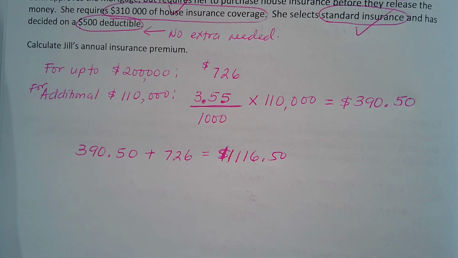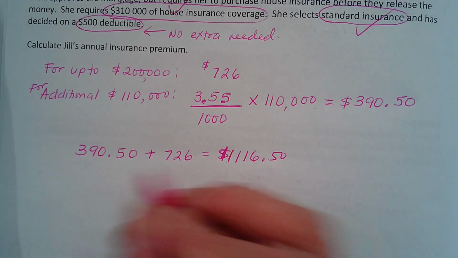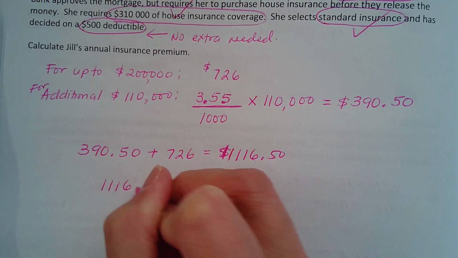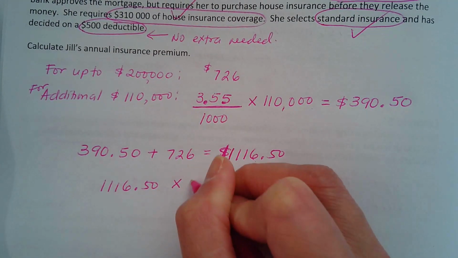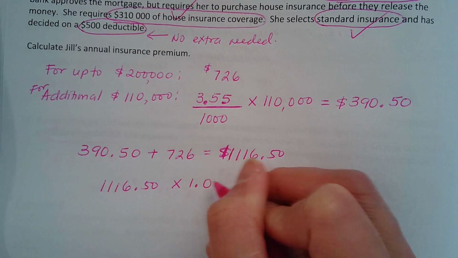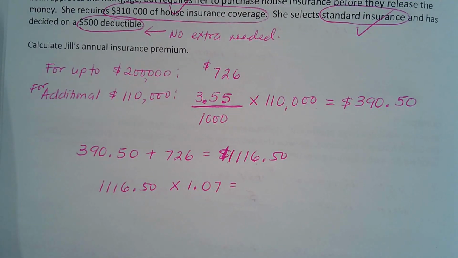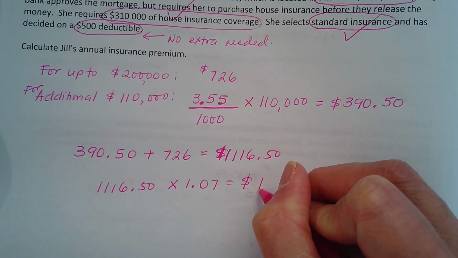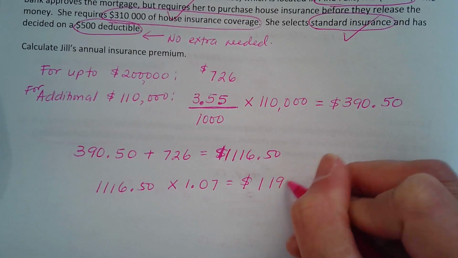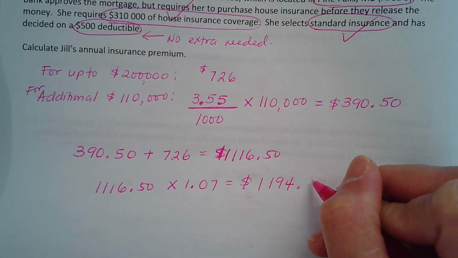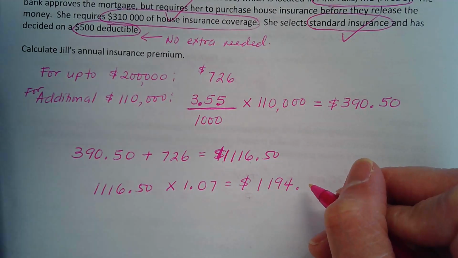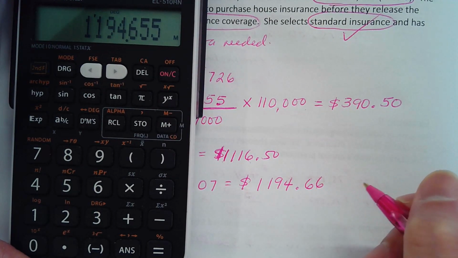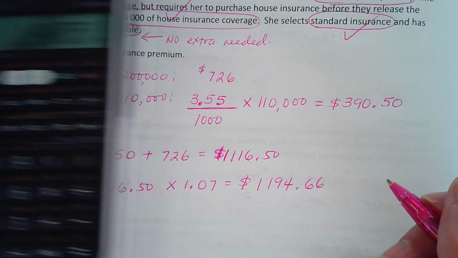So the next thing that we gotta do is that 7% tax. So $1,116.50 times 1.07. So the total amount is $1,194, and I gotta round it off to 66 cents. Yeah.